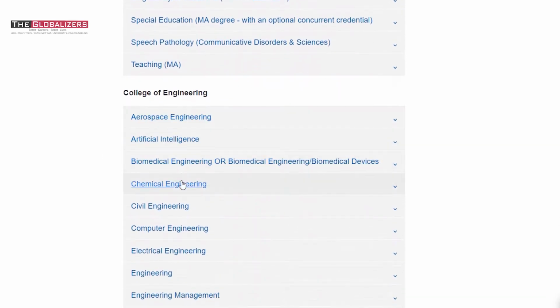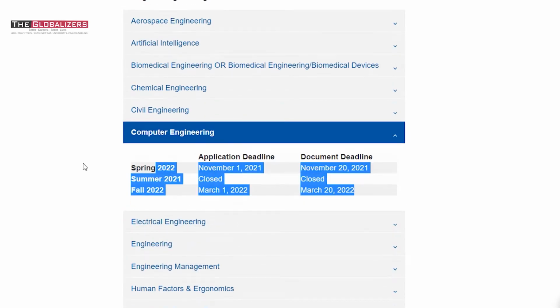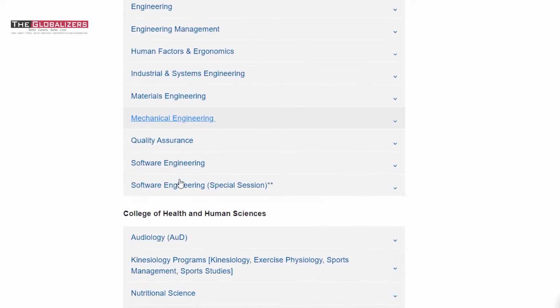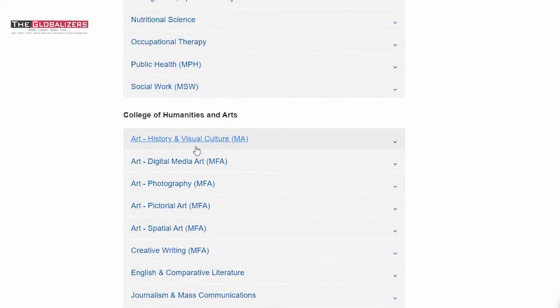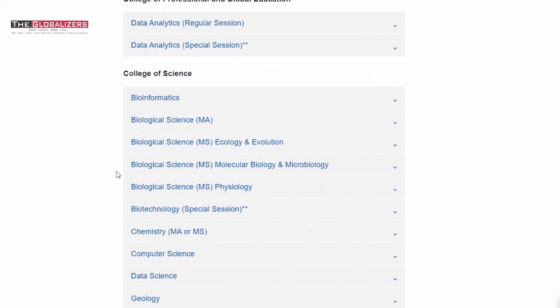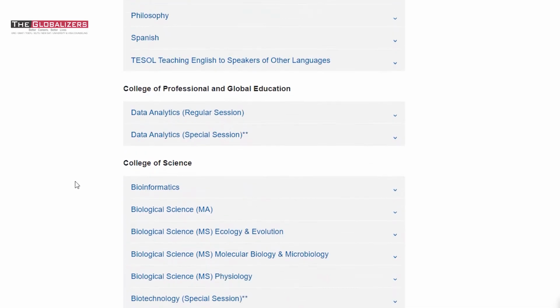So mistake number one that students make, they go to the graduate admission website and see a general deadline mentioned and are under the confidence of that, and sometimes later they realize that they have missed the departmental deadline, right? So if you're applying for MS in computer science, go to the computer science department and look at the deadline for that program. If you're going for mechanical engineering, go to that department page and confirm the admission deadline. So point number one, every program would have a different deadline, right?